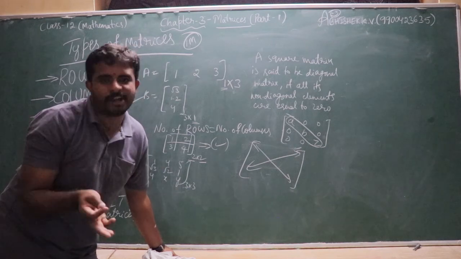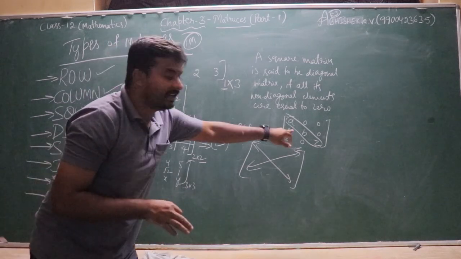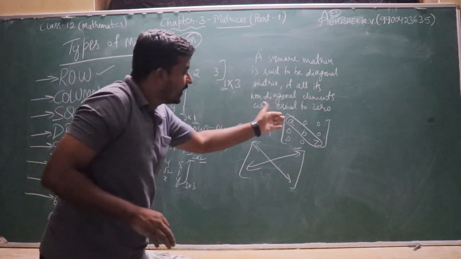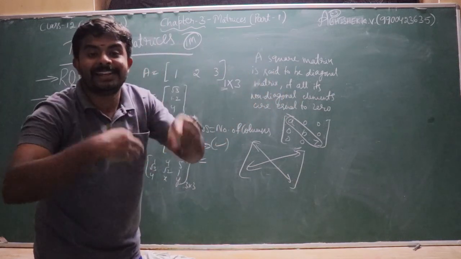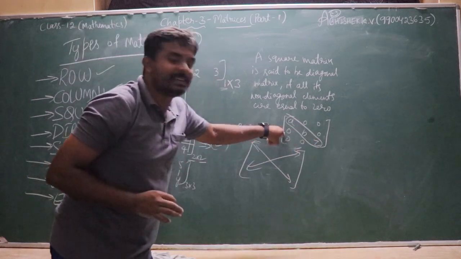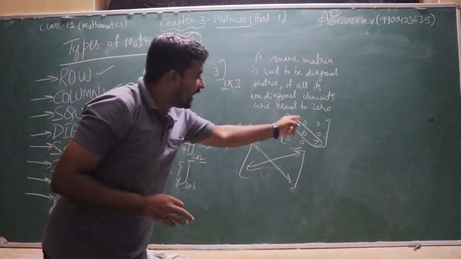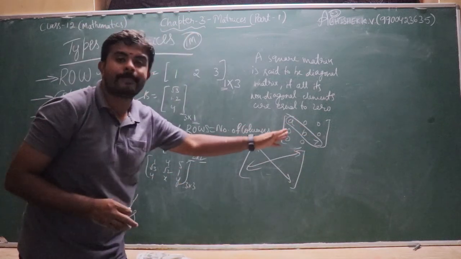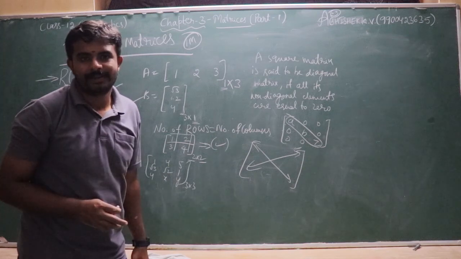All the other elements are non-diagonal. What does the definition say? A square matrix is said to be a diagonal matrix if all its non-diagonal elements are equal to 0. But the diagonal elements a, b, c are not equal to 0. So this type of matrix is said to be a diagonal matrix.